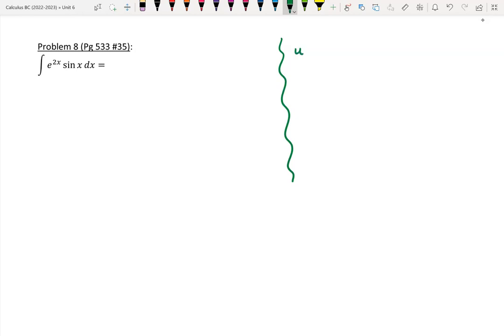So I'm going to use u equal to sine of x, du equal to cosine of x, dv is going to be e to the 2x dx. So going backwards, v would be equal to 1/2 e to the 2x.